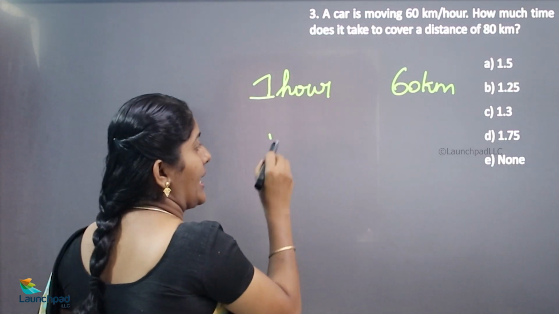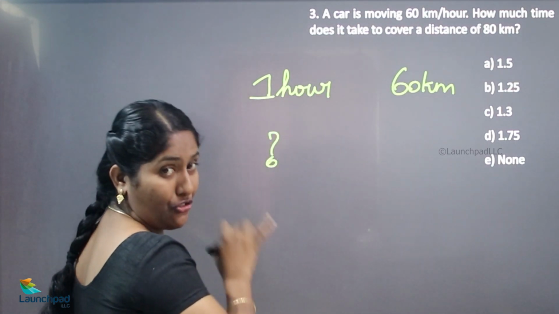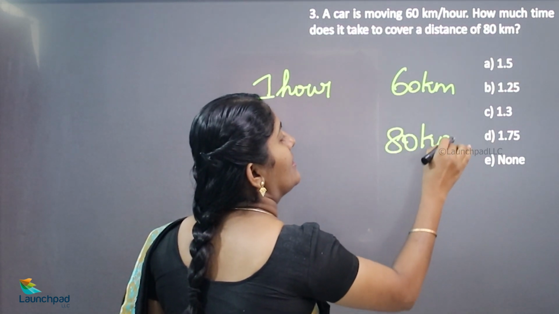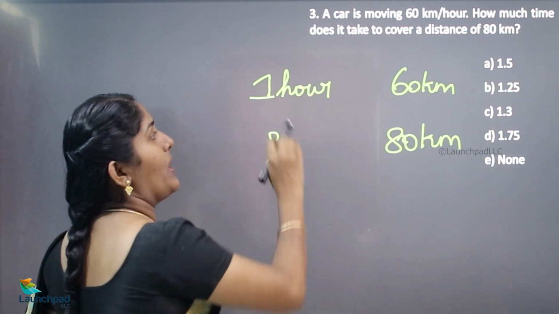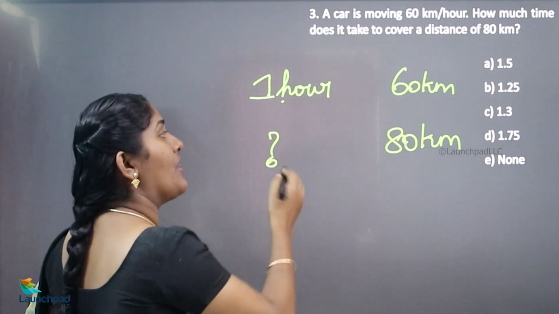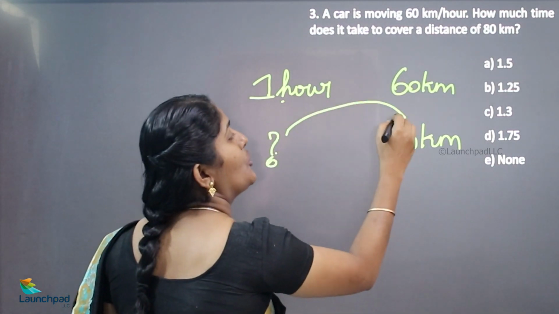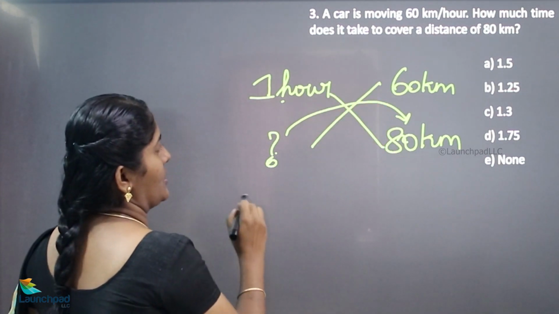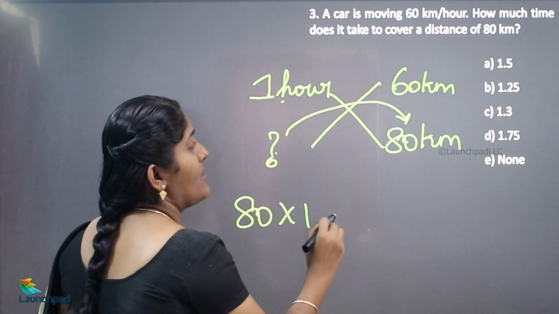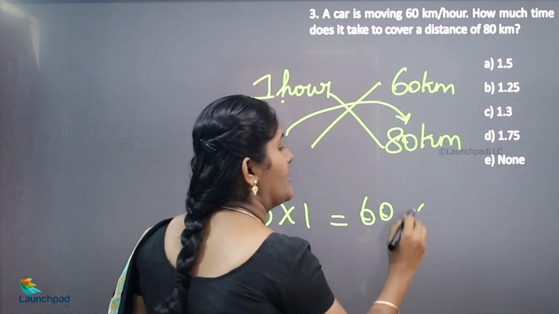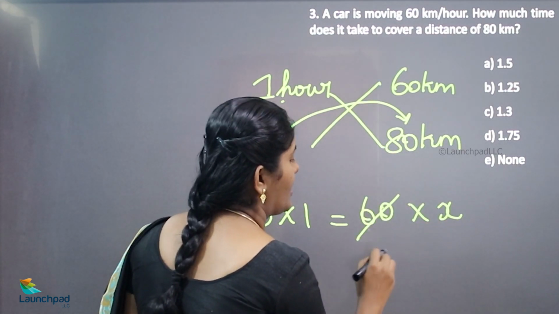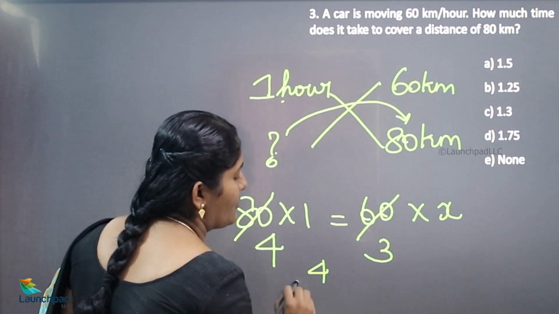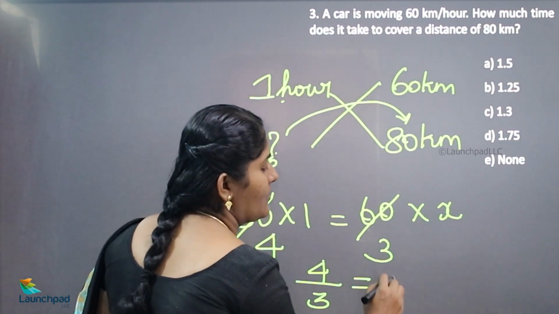How much time should the car take to move 80 km? So 1 hour, 60 km. For how much time will it move 80 km? While doing the cross multiplication, 80 into 1 is equal to 60 into x. This is 3 times and this is 4 times. So 4 by 3 hours.